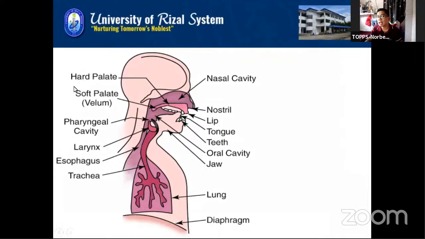So we have the nasal cavity here, and we have the nostril, the lip, the tongue, the teeth, the oral cavity, and the jaw, the lungs, the hard palate, the soft palate, the pharyngeal cavity, the larynx, the esophagus, and the trachea. And also, we have here the diaphragm. So how do these parts work together in order for us to produce the different sounds?